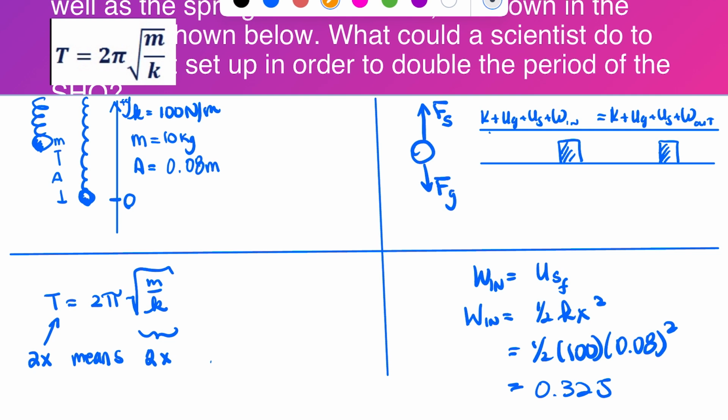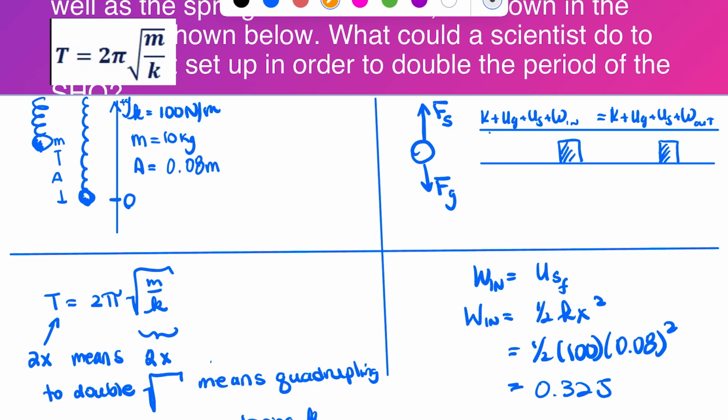All right, so now what? What does that mean? Well, I know that if I need to double something that's a square root, that means quadrupling the numerator, which is mass, or I can quarter k, because dividing something by a quarter is the same as multiplying by 4. So those are my two choices.